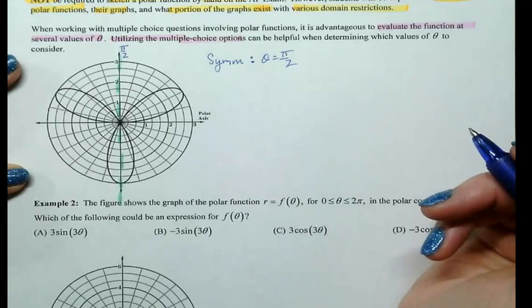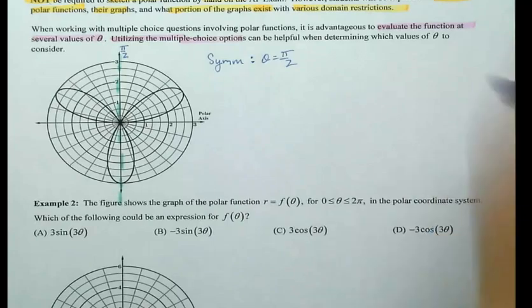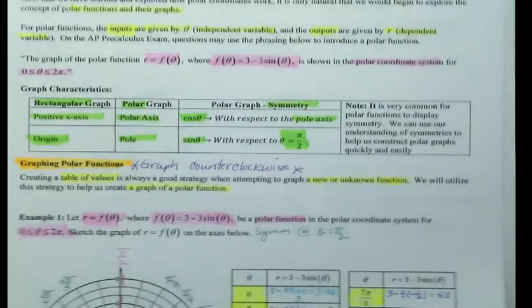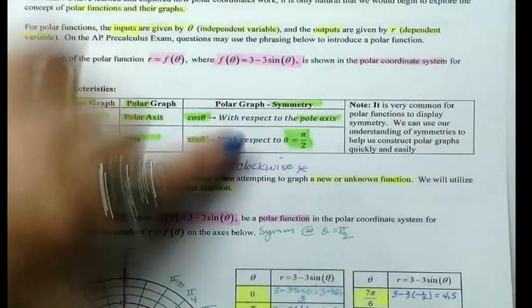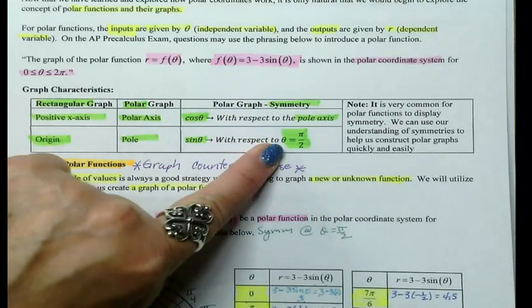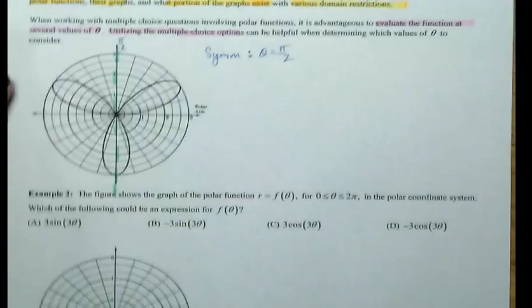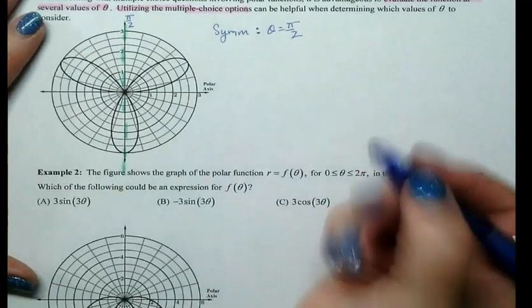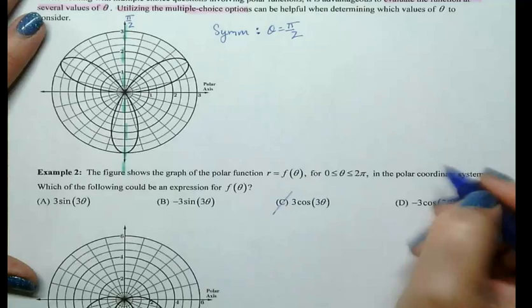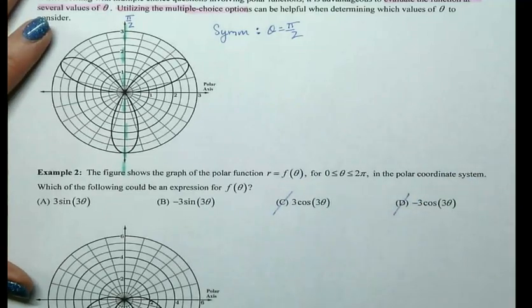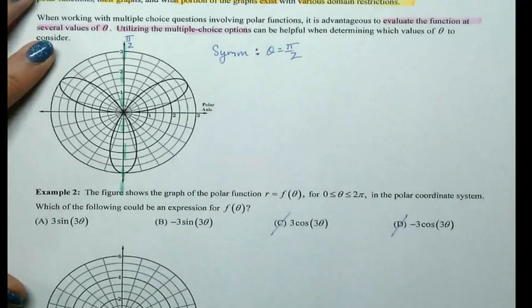And then we are going to look at what that means. So if you remember at the very beginning, we said if it is symmetric with respect to pi over 2, then we know it has to be a sine equation. So knowing that piece of information then lets me rule out choice C and D because those are both cosine. So now we're down to 50-50.